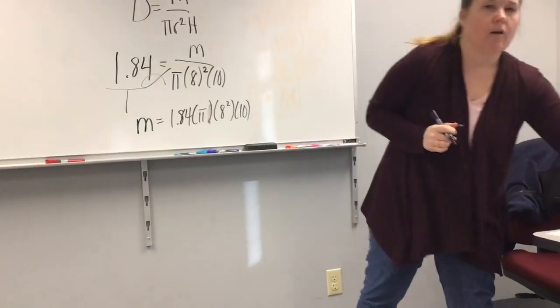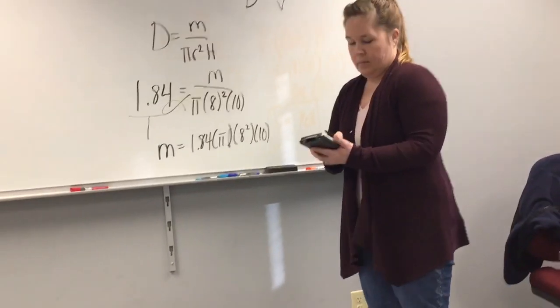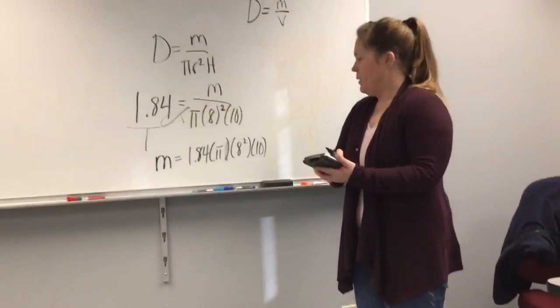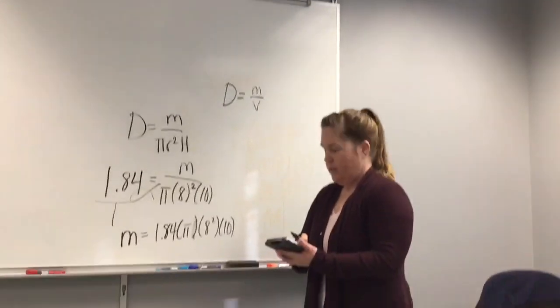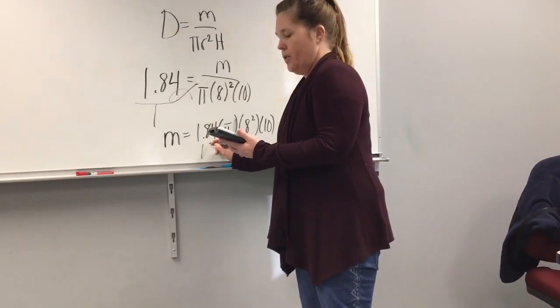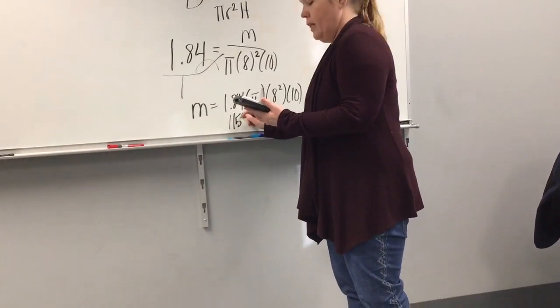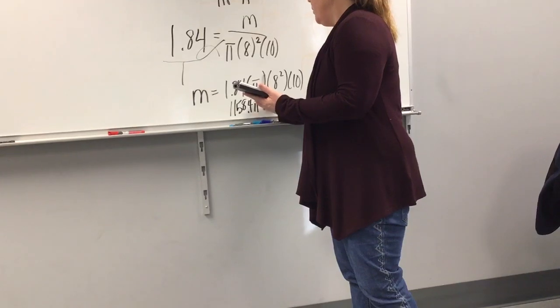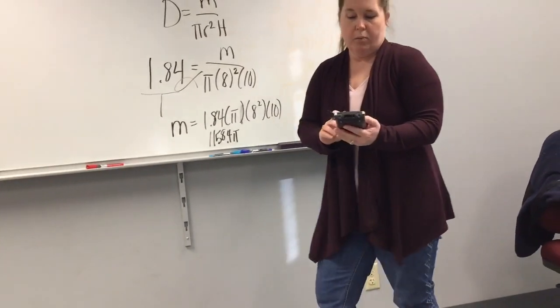So we multiply that all out. 1.84 times 8 squared times 10, and I get 1,158.4 pi units.